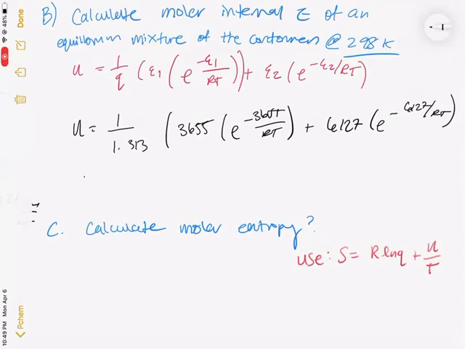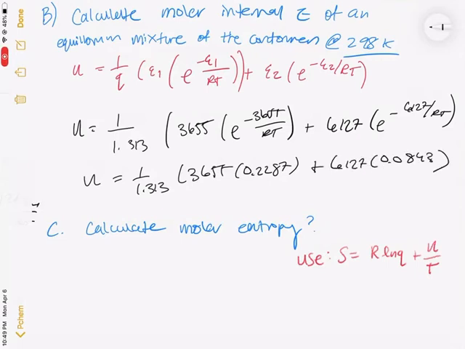If you solve all of that, you should get U equal to 1 over 1.313 times 3655 times 0.2287, plus 6127 times 0.0843, and then the internal energy should equal 1030 joules per mole.